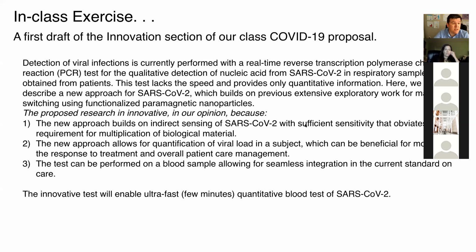So my text here reads as follows. Detection of viral infection is currently performed with a real-time reverse transcription polymerase chain reaction, PCR, test for the qualitative detection of nucleic acid from SARS-CoV-2, I guess that's how it's spelled, in respiratory samples obtained from patients.